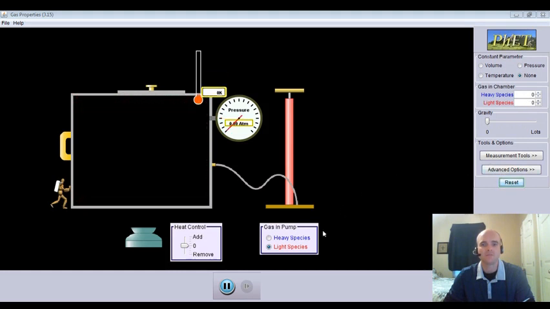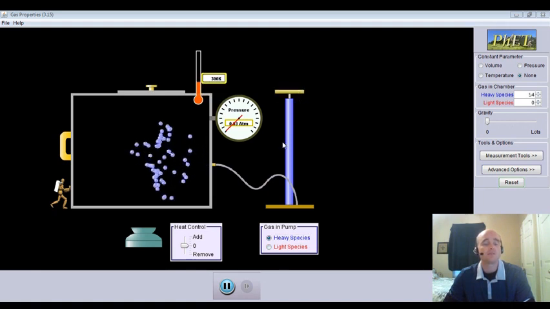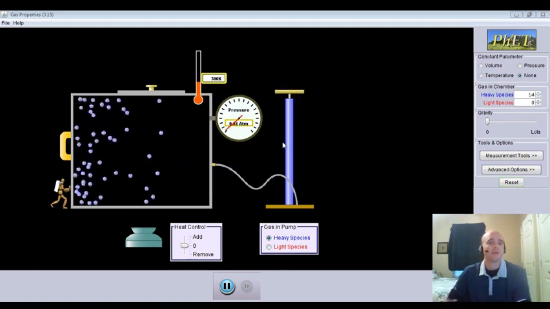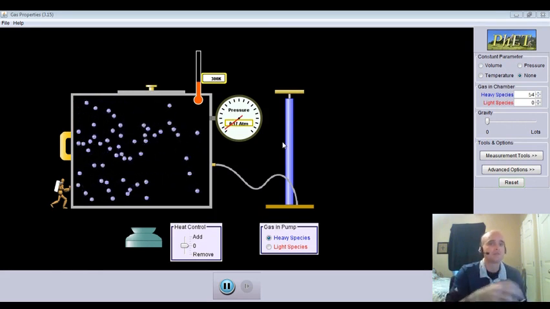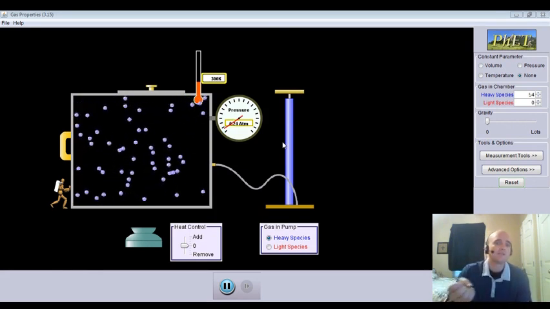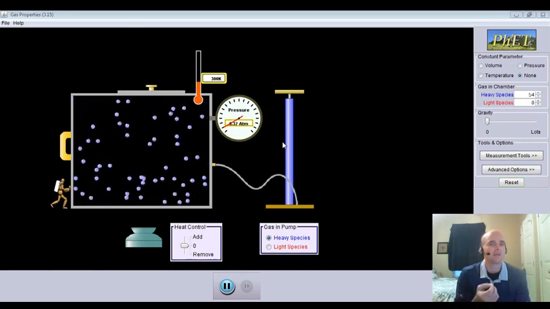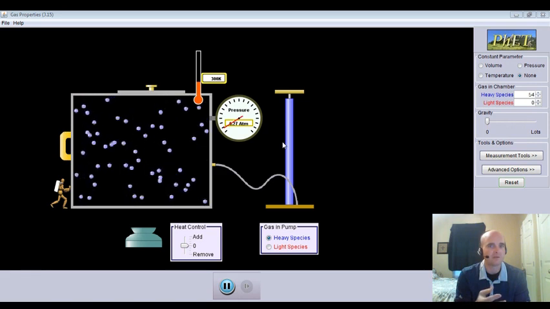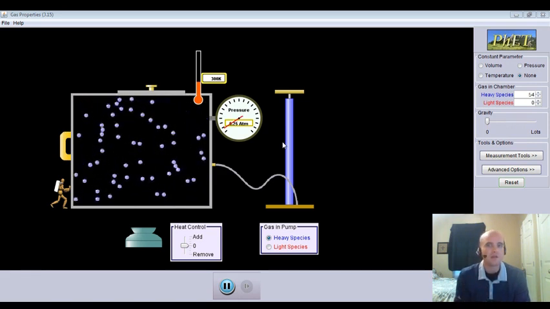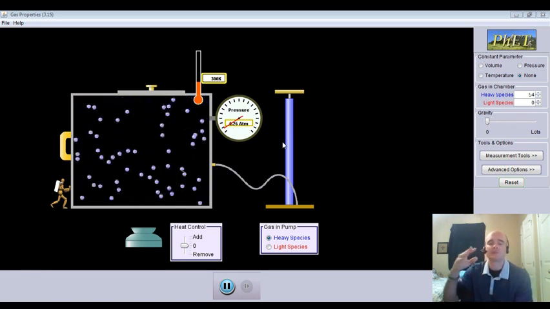We'll reset and go to a heavy species now. If I give it one pump, you see they're moving a lot slower. They're heavy, and they're a lot bigger. These would be like your bowling balls. They're going around and colliding.